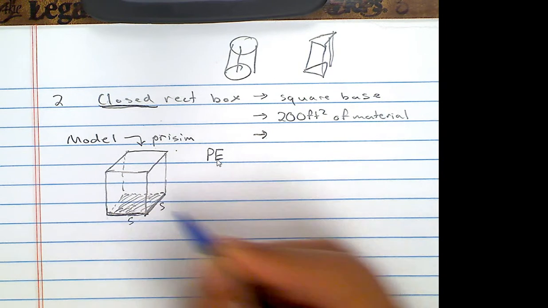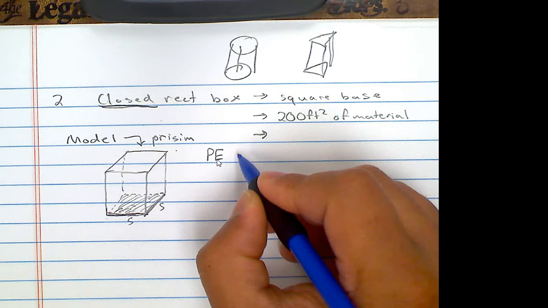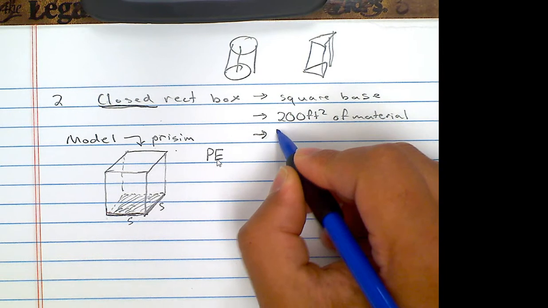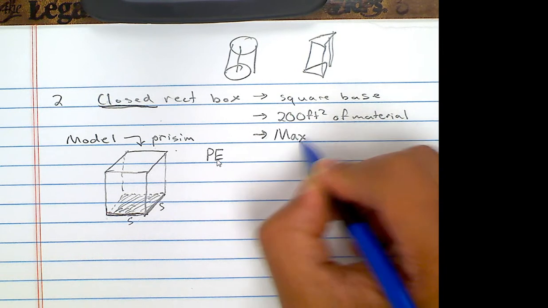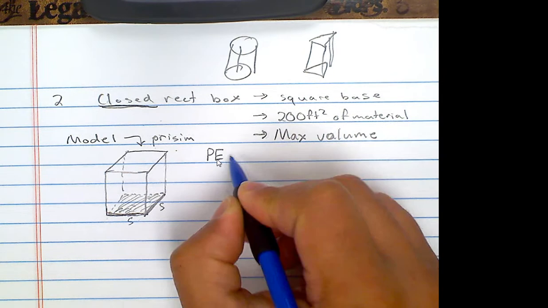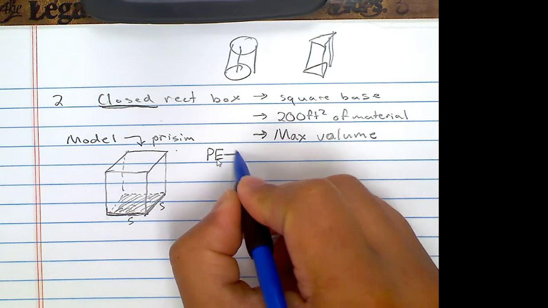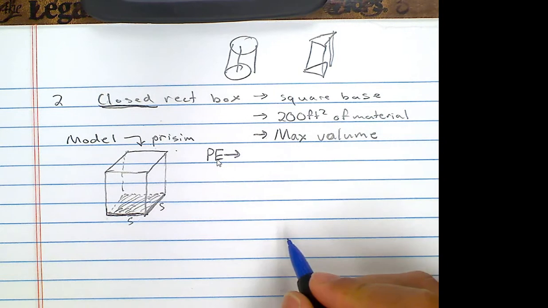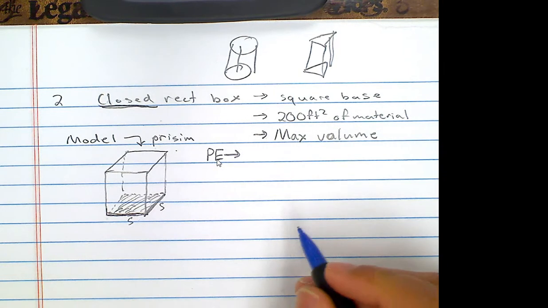Okay, so let's talk about what we're optimizing. We're maximizing volume. So our primary equation automatically becomes a volume equation. I automatically know it.